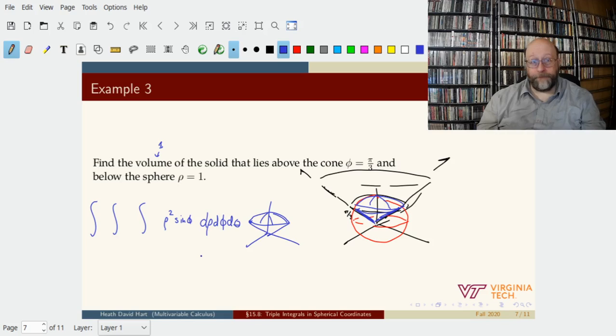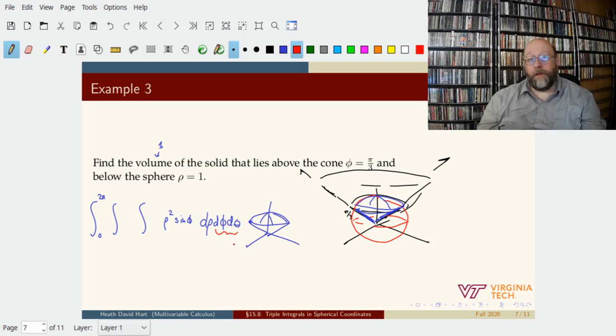Theta goes all the way around this shape. So that theta goes from 0 to 2 pi. All right. So now how do we set up this part here?